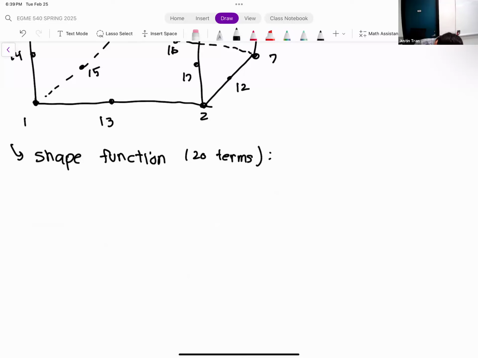Okay, so shape function T(x, y, z). First we have the linear term C0 plus C1x plus C2y plus C3z.